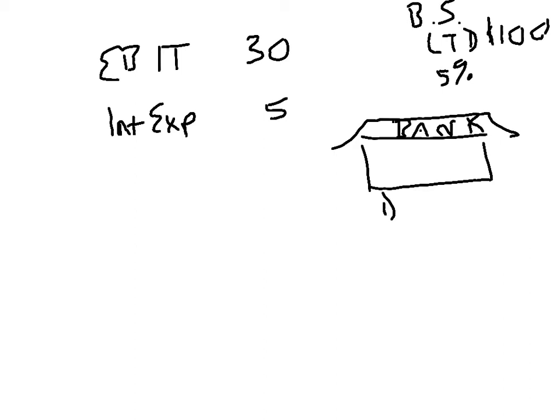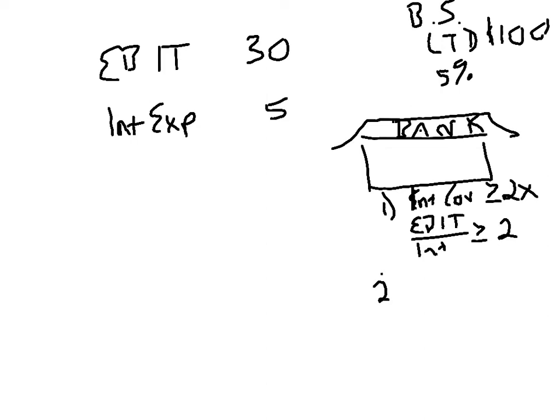One is that your interest coverage must be at least 2 times, so greater than or equal to 2 times, which means that their EBIT divided by interest has to be greater than or equal to 2. That's what that means. And the second thing is they say, if you can do that, we will give you a loan at, say, 10%. All right? Now, all good so far? Let's put that 5% over here to the side. 5%.